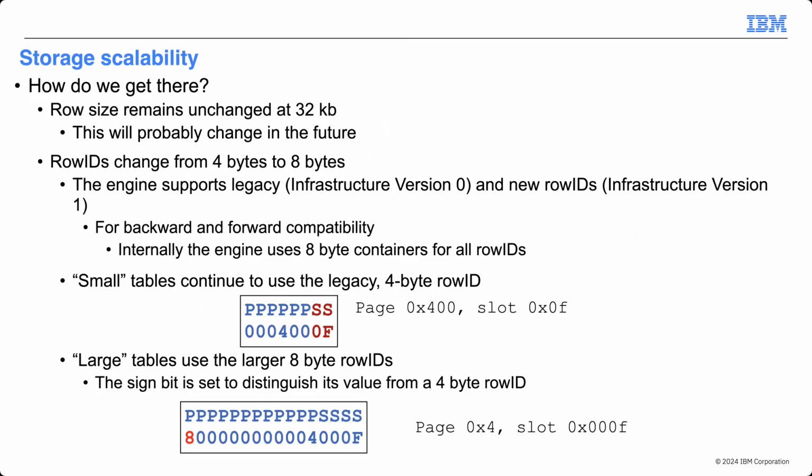So small tables, those that are being migrated over from 14, or you create as small, which I'll talk about in a minute, are still going to be in the 4-byte. But any new tables you create in an infrastructure version 1 instance will be considered large tables and will use the larger 8-byte row ID. And it's the sign bit at the very top of the ID that identifies whether this is a 4-byte or an 8-byte row ID.